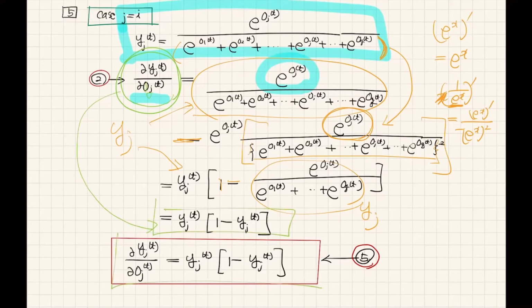This is not easy to do without spending all this time on derivations, but what I would like to emphasize is that the derivative of Yj with respect to Oj is Yj(1 minus Yj). This is equation 5.